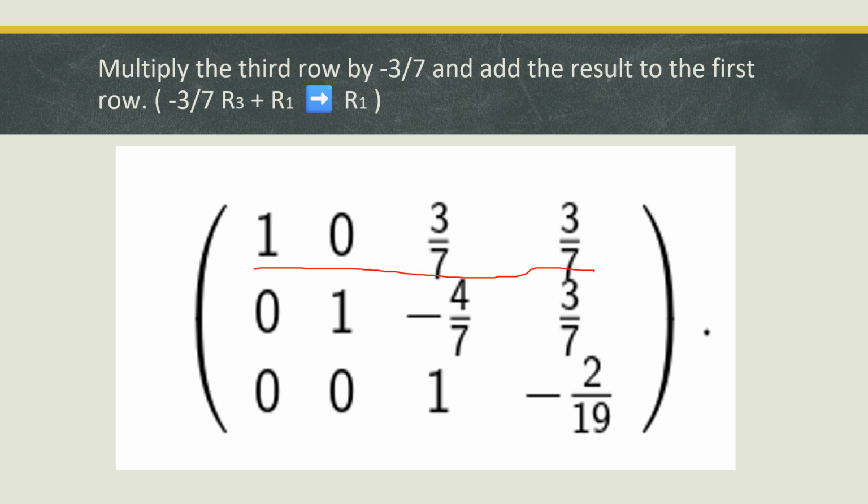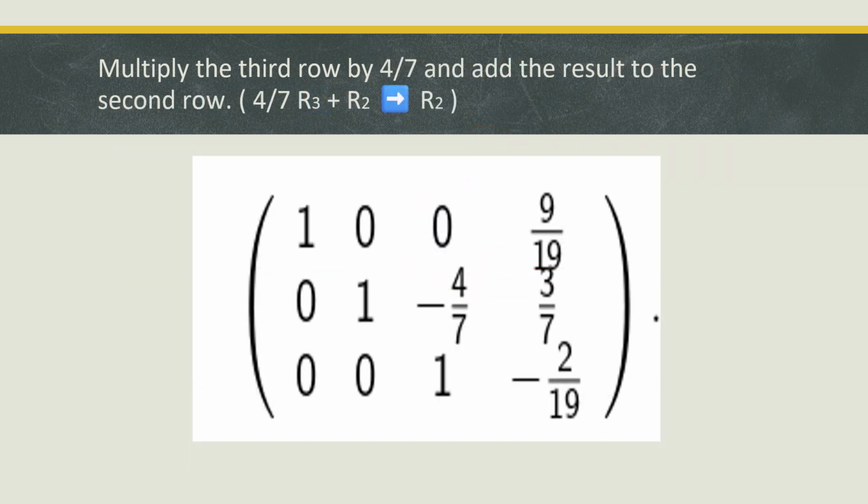And our next goal is to make the 37 into 0. That's why negative 37 row 3 plus row 1 to produce new row 1. As a result, our new row 1 is 1, 0, 0, 9 over 19.